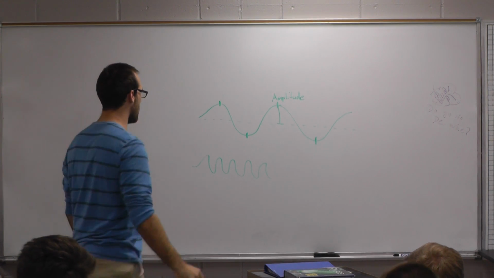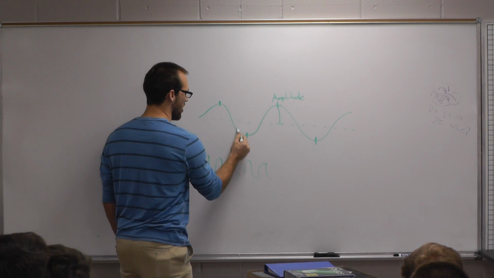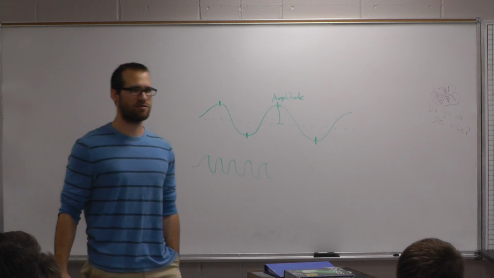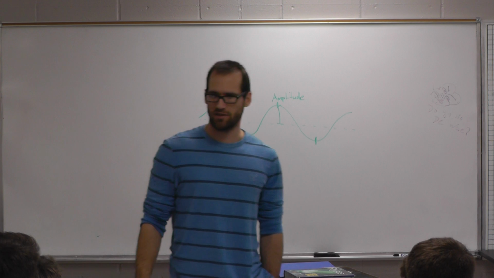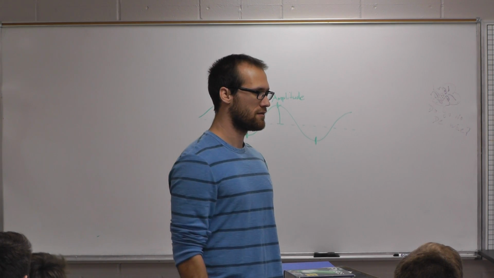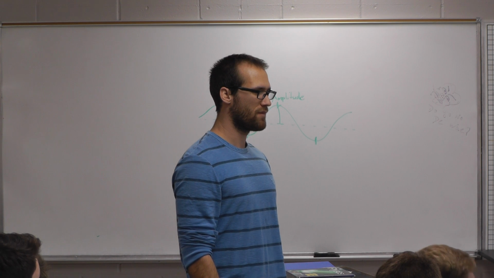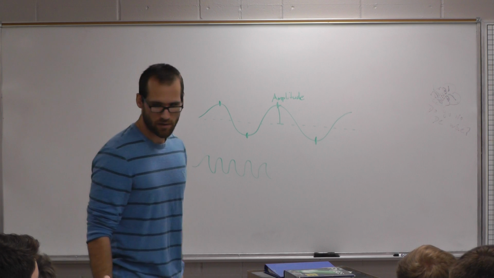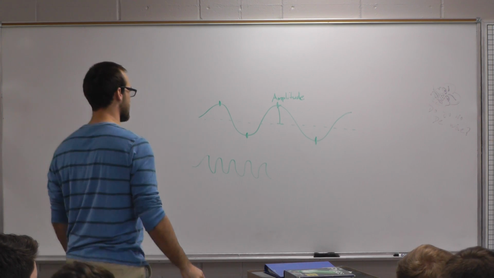If I go from here all the way through one cycle, the time it takes to go through that one cycle is your period. So there's going to be a relationship between your period and your frequency. They're inverses of each other. Frequency is not a distance.